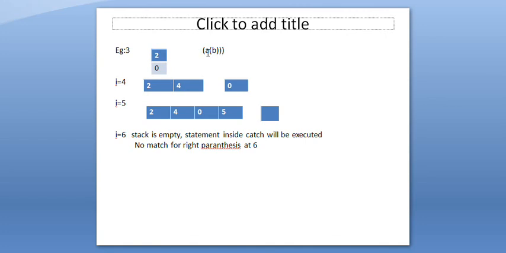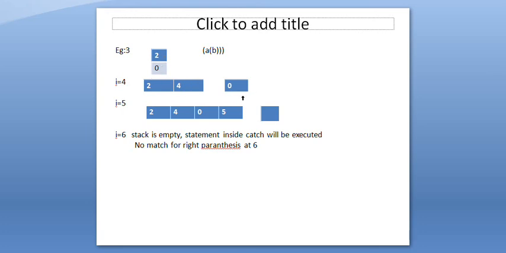So you have 3 right parentheses, and 7 is actually the size. Positions that should be pushed onto the stack: you have only 2 left parentheses, 0 and 2. So 2 is the latest pushed data, and 0 is the previous data.